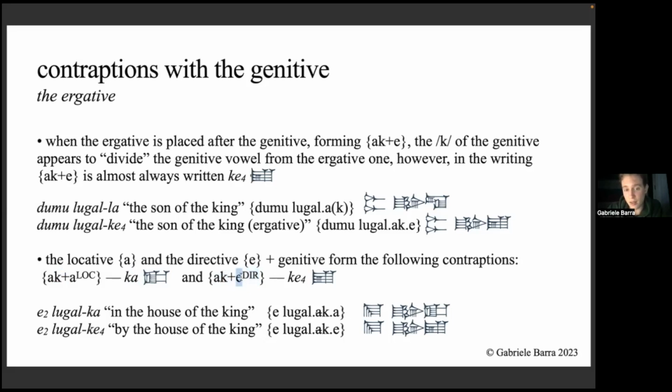Any case that ends in a vowel. So e lugal ka, in the house of the king, which is e lugal, house of the king, ak, and then the a. Or e lugal ke, by the house of the king, which could be the directive or again, for some reason, the subject of the sentence as well. So e lugal ak, and then the e, which becomes ke.